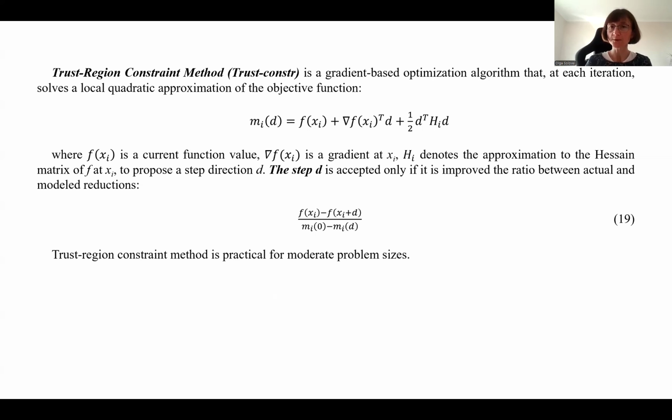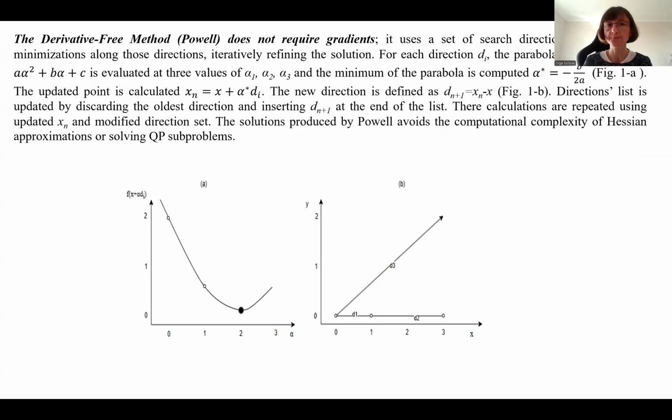So if this ratio is improved, then the step in the direction is accepted. The trust region constraint method is practical for a moderate dataset.